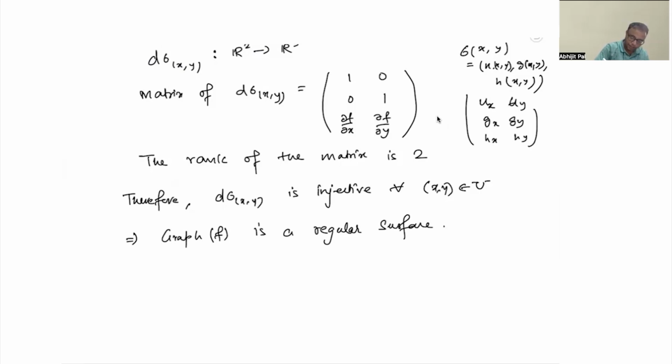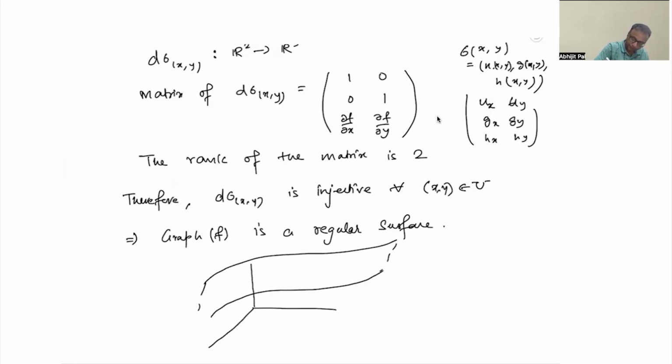Therefore, if the graph of f is something like this, and I take any point (x, y) here, the coordinate of this point will be (x, y, f(x, y)). Okay, so this is a regular surface.